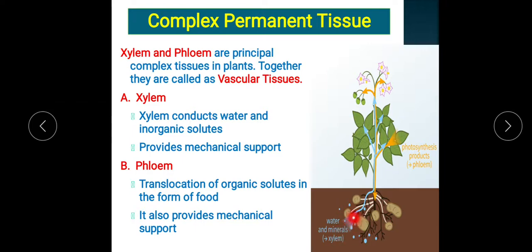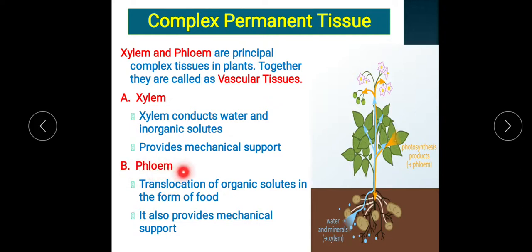They are absorbed by the roots, and through the xylem, these water and inorganic solutes are conducted to the photosynthetic part, that means the leaves of the plants, where they are used to synthesize the food material. In addition to that, the xylem also provides mechanical support to the plant body.